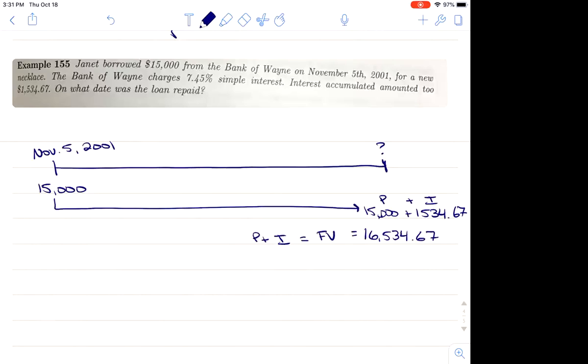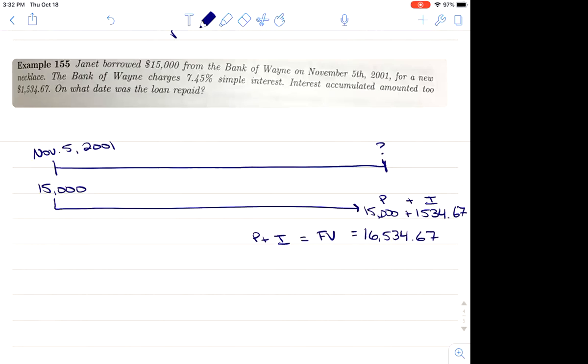But I don't really want you to do that in general. For this one, we're given the amount of interest, so then we can use it. But also it's good to remember that the future value is just P plus I. So we also know the future value.